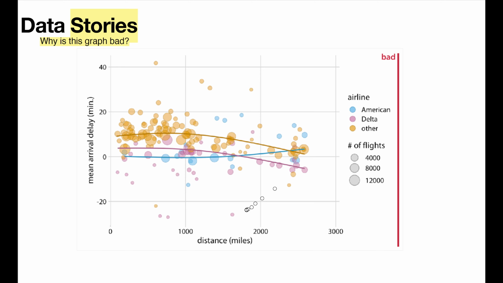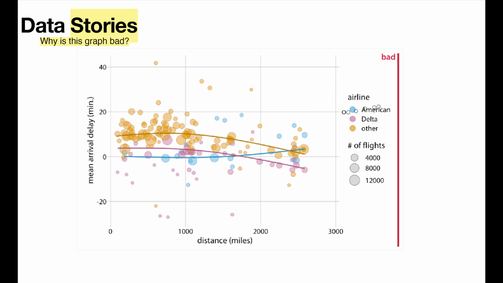There are circles of all kinds of different sizes, from very small circles up to very large circles. These largest ones look like they're matching the 12,000 flights. These very small ones aren't really shown in the legend. Maybe these are 500 flights or 1,000 flights or 2,000 flights or whatever. It's difficult to say.